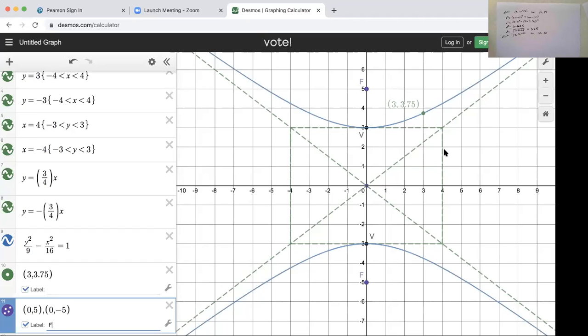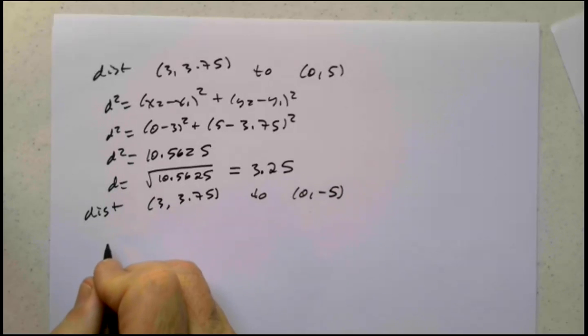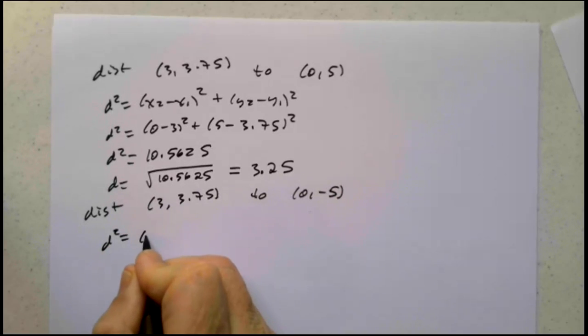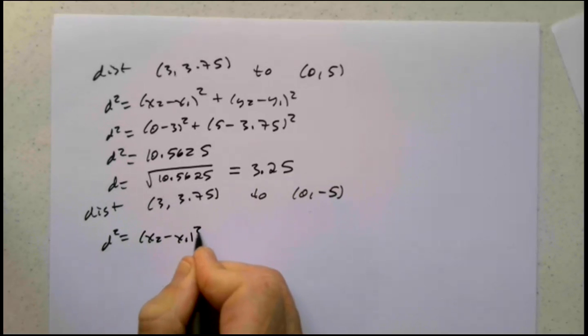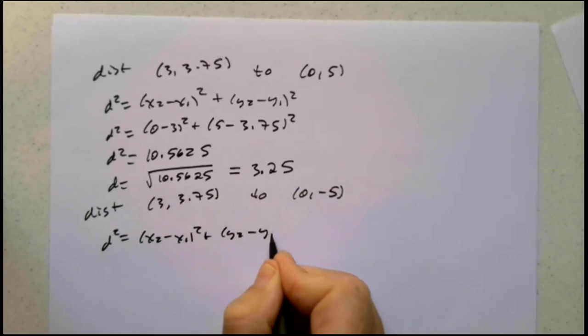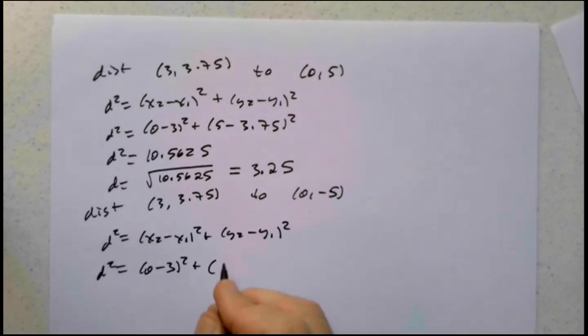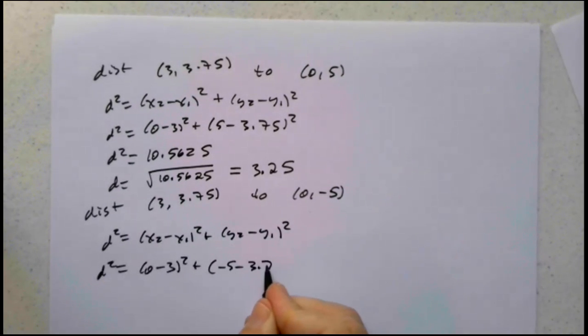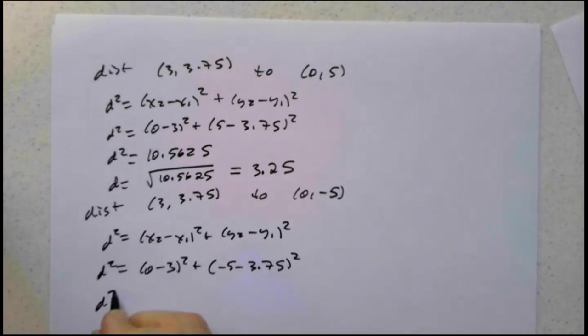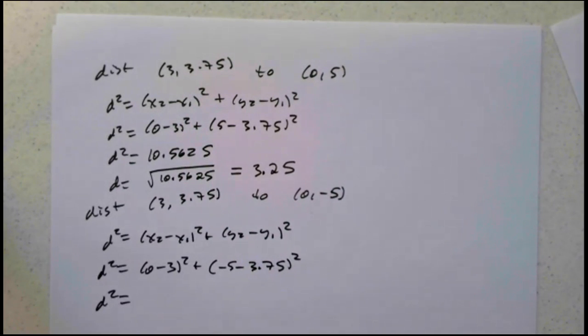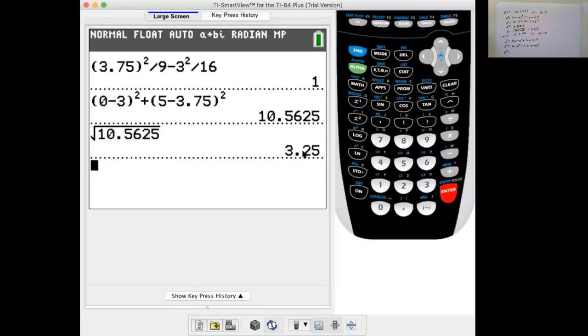So I'm going to go ahead and find the distance from this point on the graph to this other focus next. Again, distance squared: x2 minus x1 squared plus y2 minus y1 squared. 0 minus 3 squared plus -5 minus 3.75 squared. So let's go to the graphing calculator and see what we get.